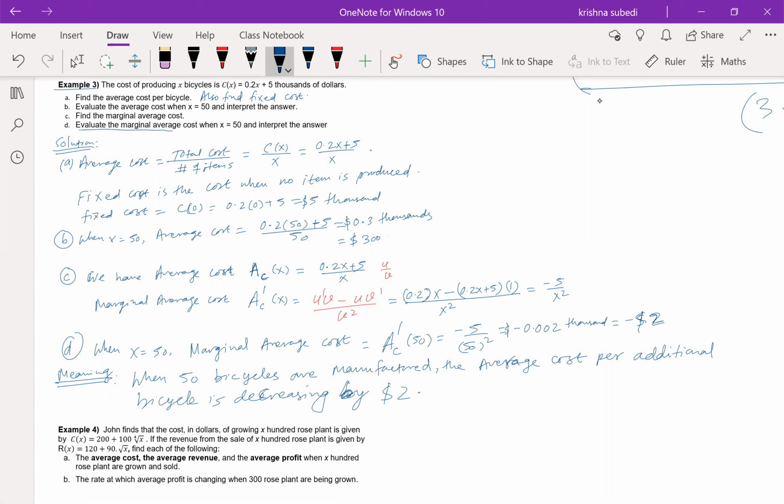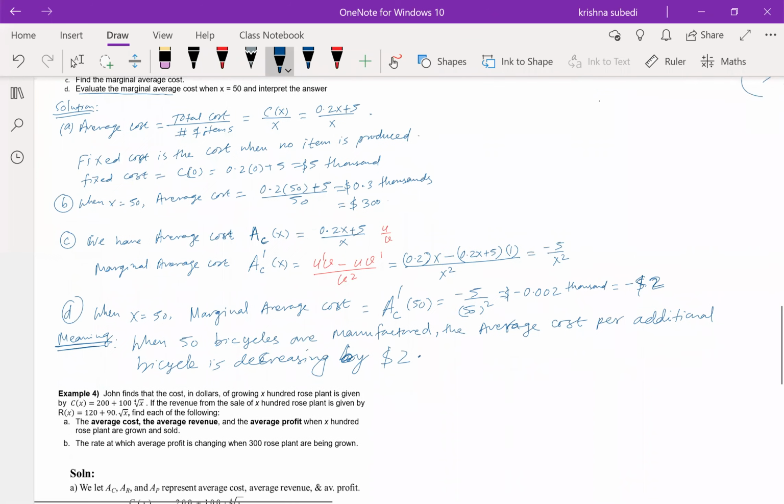Because the unit is thousands, we found the marginal average cost to be negative $2. If you want to write this in words, the meaning would be: when 50 bicycles are manufactured, the average cost per additional bicycle is decreasing by $2. Does that make sense? Even though the total cost will be rising, I agree with that, okay? Total cost will be increasing, but the average cost per bicycle will decrease.